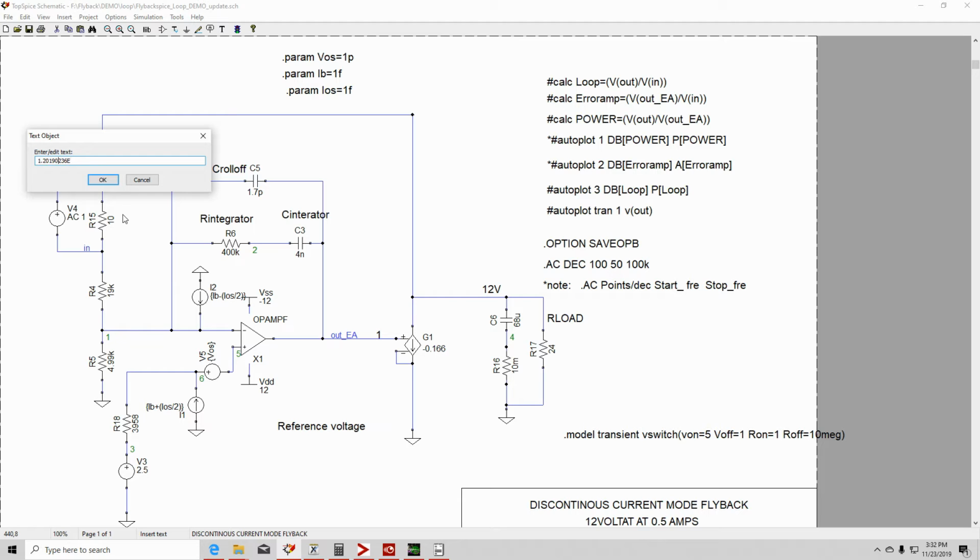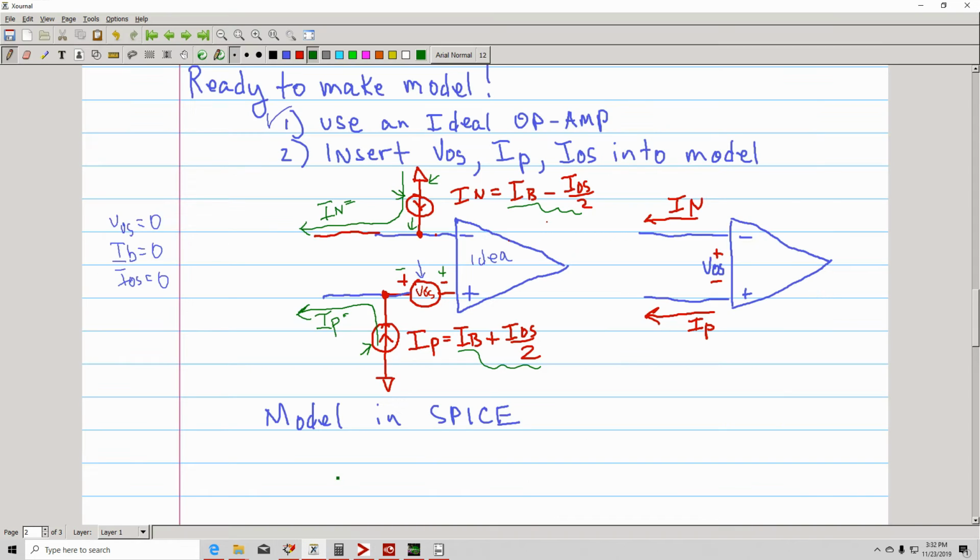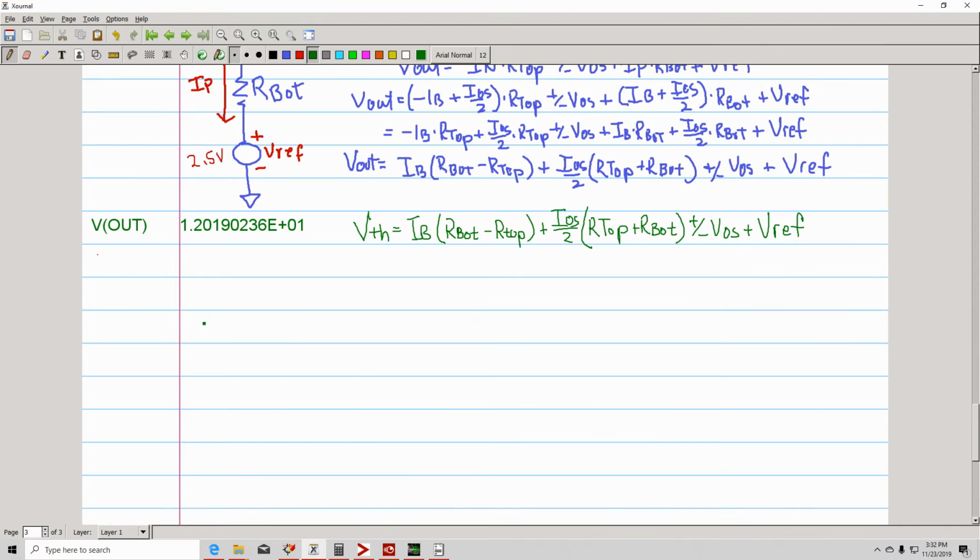This is 12 point, so this is the most accurate measurement that we would get. So we're going to use that number, do some calculations, and use that number to compare.